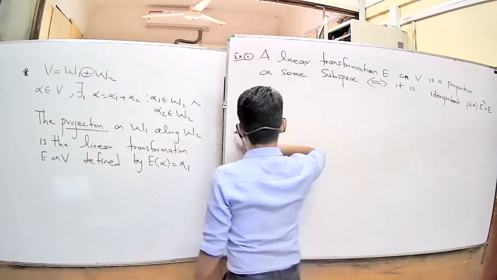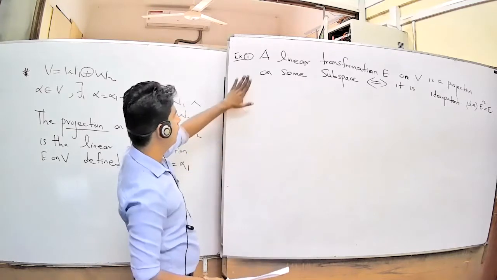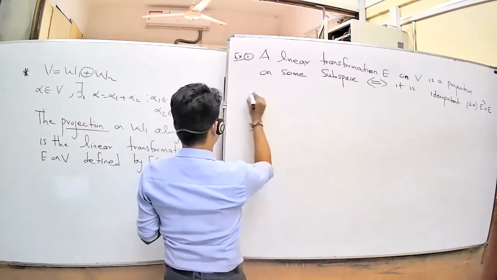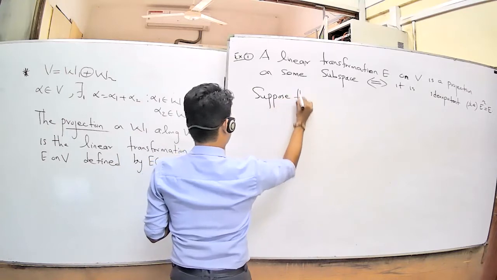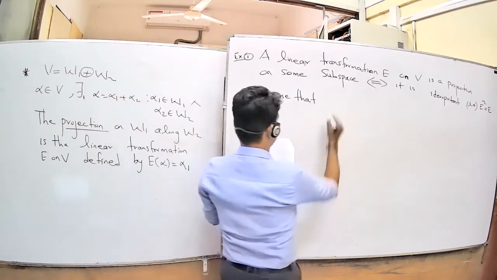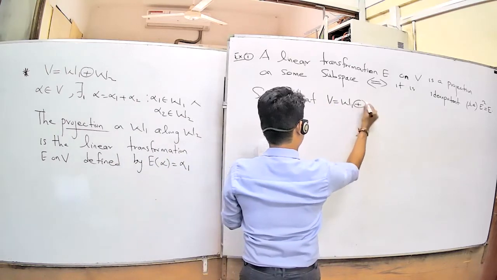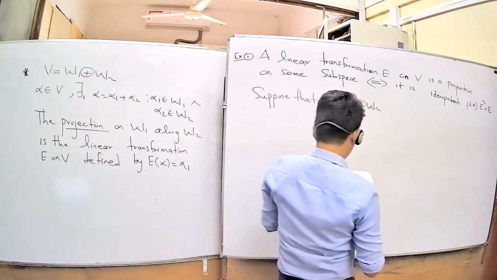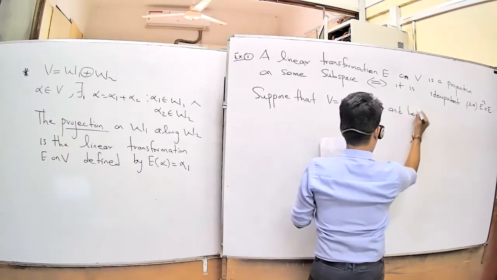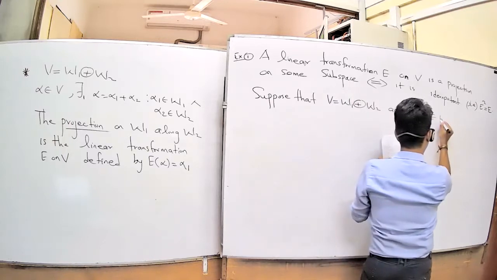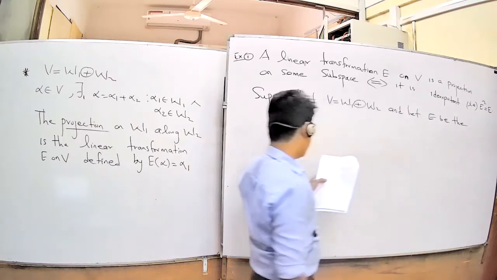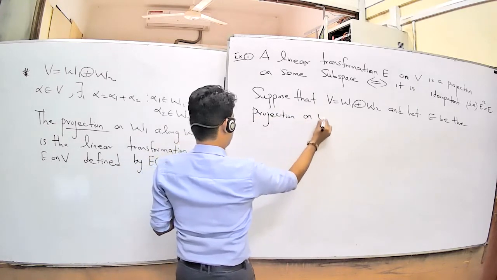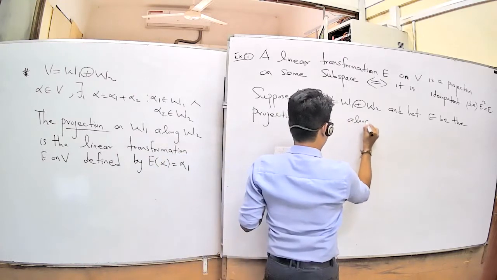You want to prove this statement first. Suppose that you can write B equal to W1 direct sum W2, and let E be the projection on W1 along W2.